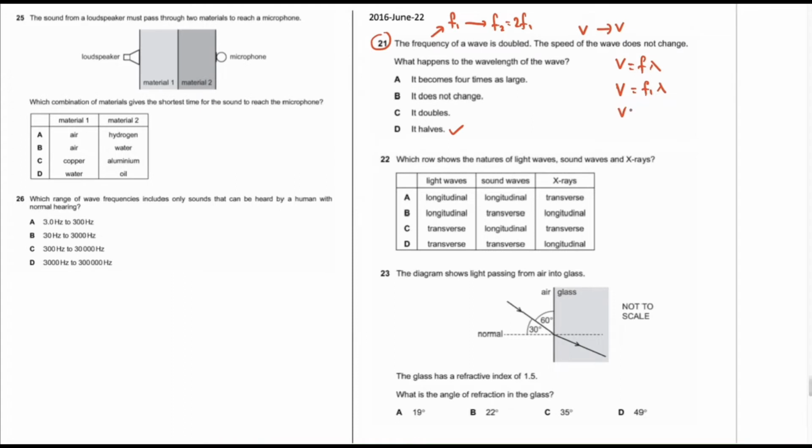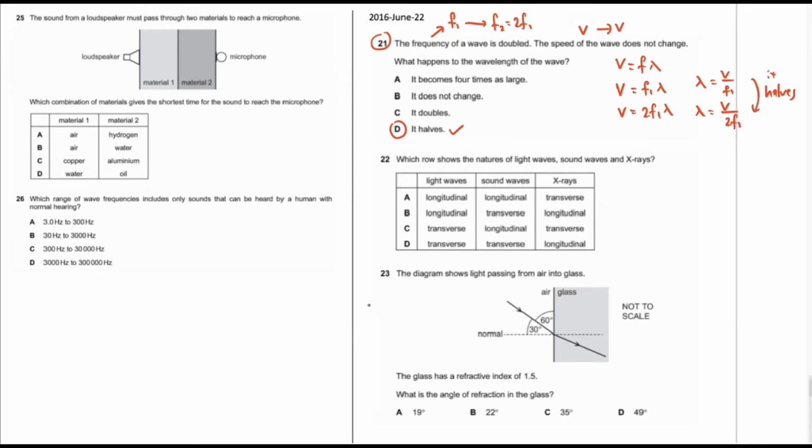When the frequency is doubled, it becomes 2f1 lambda. Then you can see lambda is v over 2f1, while this one is v over f1. So this one has been divided by 2 already, meaning that it is half. So D is correct.